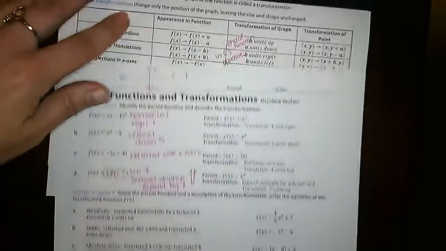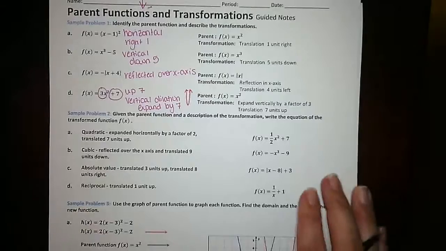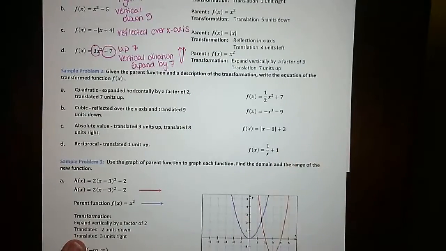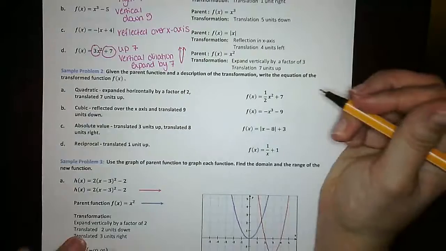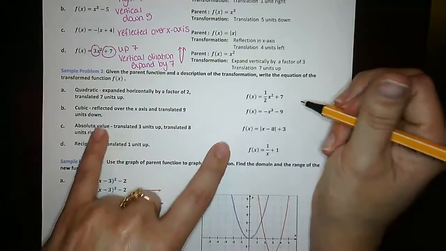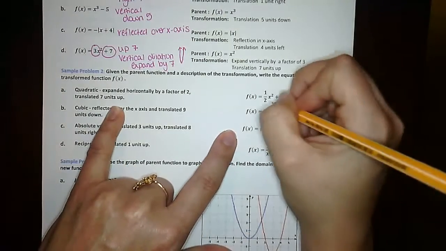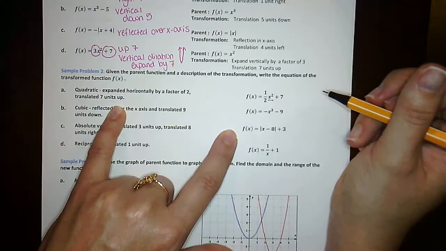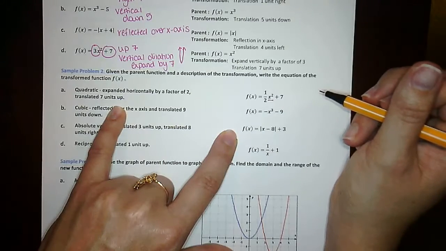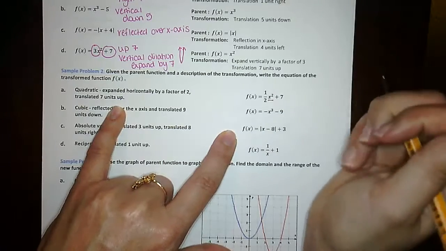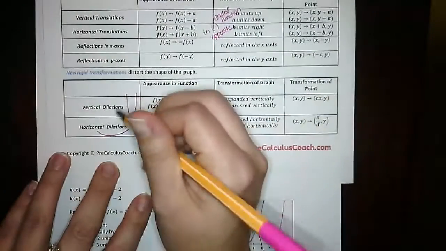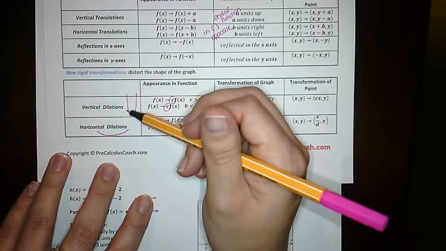All right. Let's look at another one. This one's just matching. So here it says it's a quadratic function, so x squared. It's expanded horizontally by a factor of 2. So it's kind of tricky because a lot of times these two do the exact same thing.